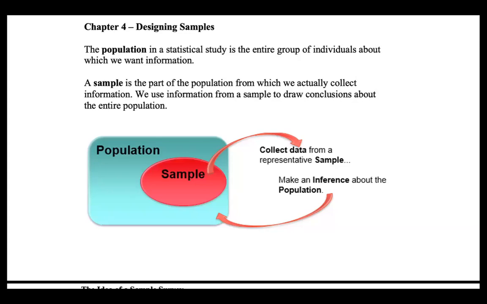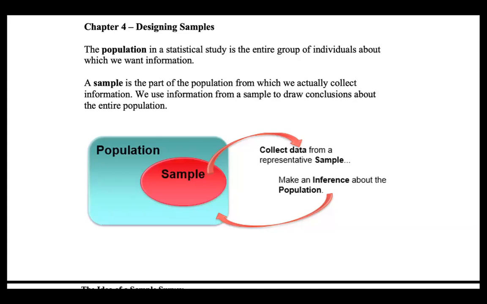A population could be very small or it could be very big, okay? A lot of people think population means huge. No. The population of this class is right now 14. Or it could be the population of the United States, 350 plus million, right? So it just depends on who's the whole group, okay?